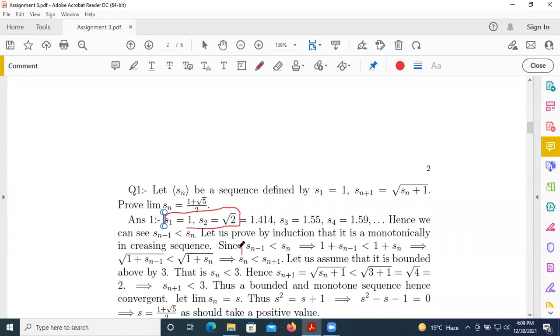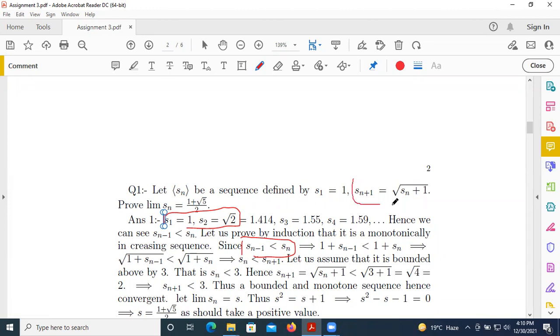Now we take Sn minus 1 is less than Sn. Add 1 on both sides, we get 1 plus Sn minus 1 less than 1 plus Sn. Take root on both sides, we get root of 1 plus Sn minus 1 less than root of 1 plus Sn.